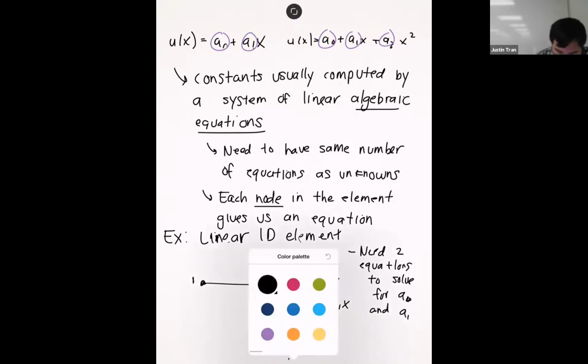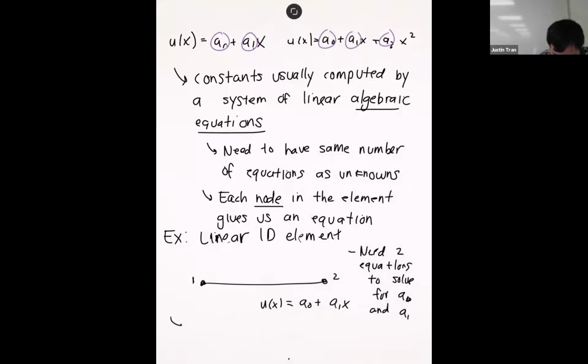And so the way that we're going to obtain those equations is that we're going to impose a requirement, and the requirement is that we're going to enforce certain values of the solution at the nodes.